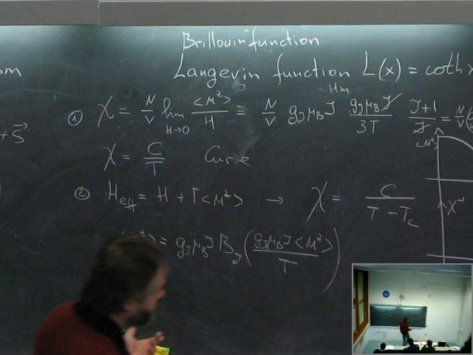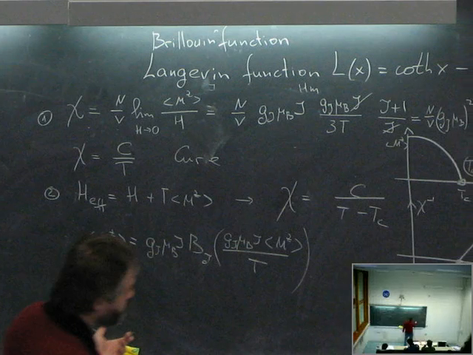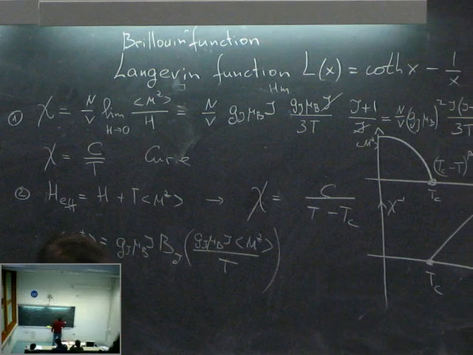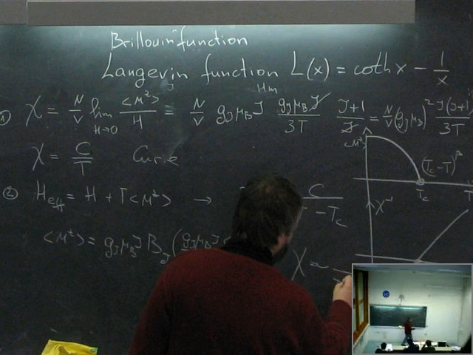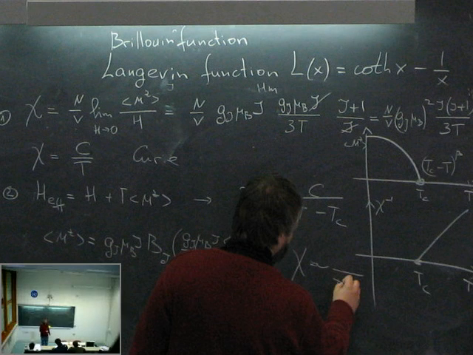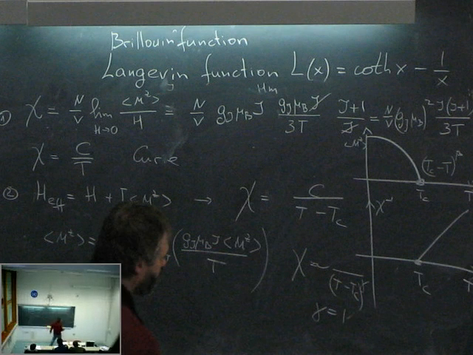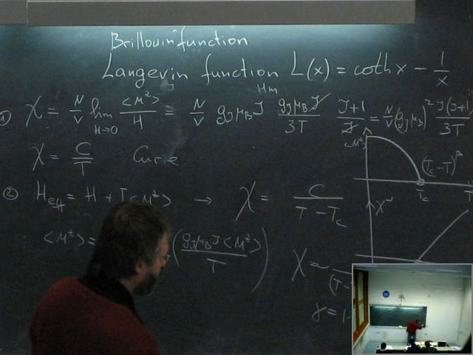The critical index for susceptibility says that chi is proportional to T minus Tc to the power gamma, and this formula is for T larger than Tc. We see here that gamma is equal to 1, but it's better to introduce a dimensionless parameter. As you know, sometimes people call it tau, and this is T minus Tc over Tc.